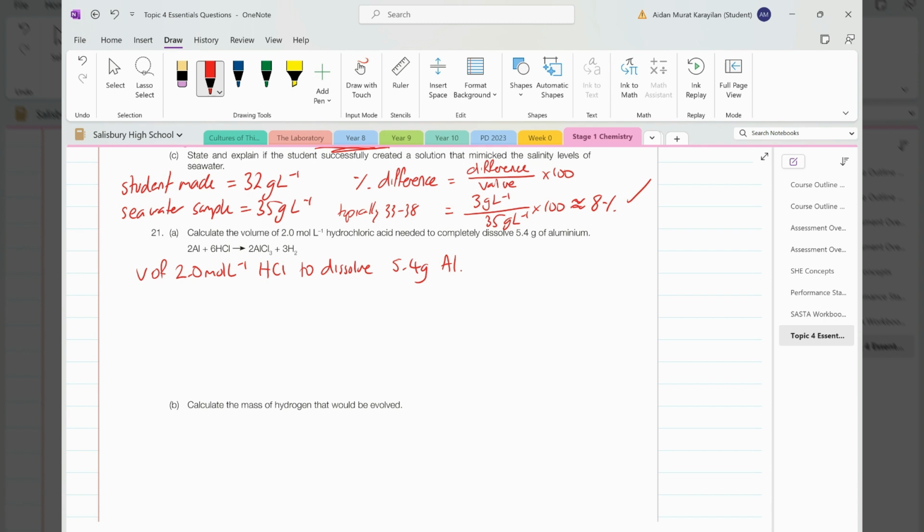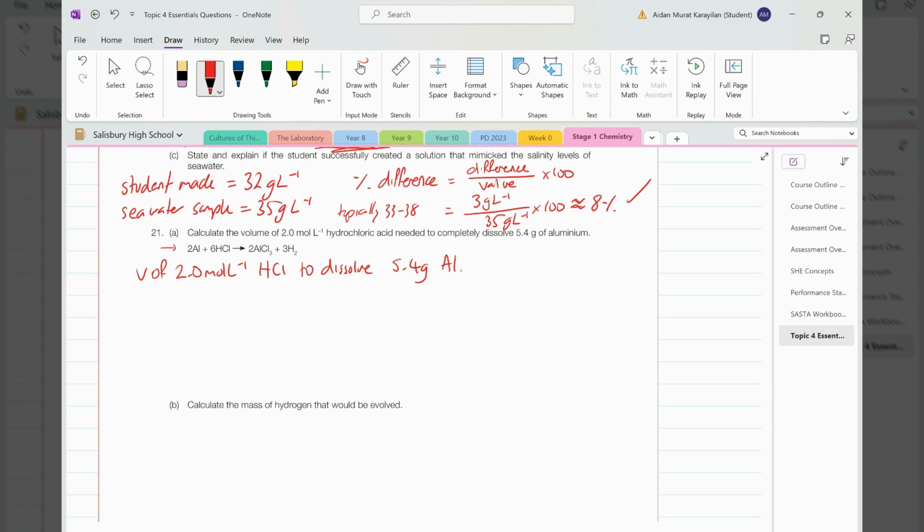We're given an equation, and this equation here is balanced. You can work that out by counting up the number of each atom on the left and right. We need to look at the reactant side, and we can see that two moles of aluminium react with 6 moles of HCl to make our products.